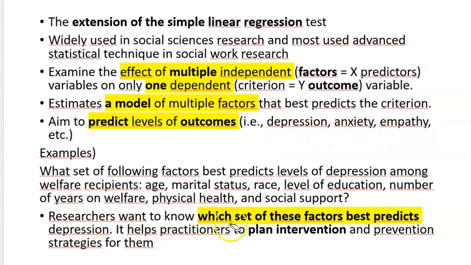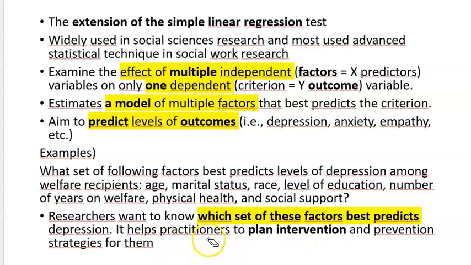So researchers want to know which set of these factors best predicts depression. Your outcome, the dependent variable, will be depression. Among those factors, you can find which one best predicts depression, because you will have the regression R, and then R square, and you can find how much percent each predictor contributes to predicting depression.